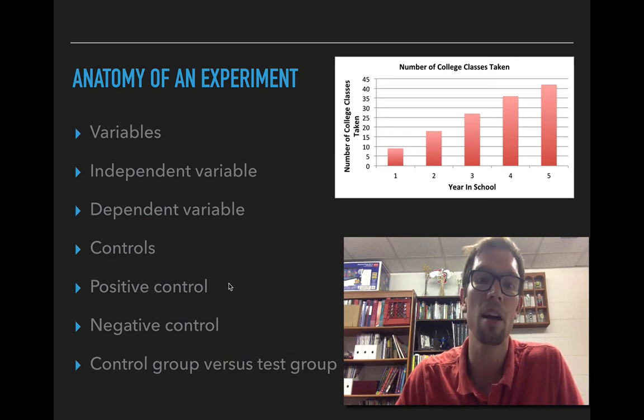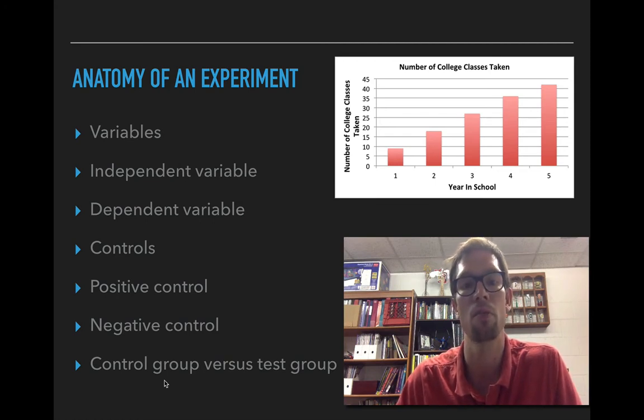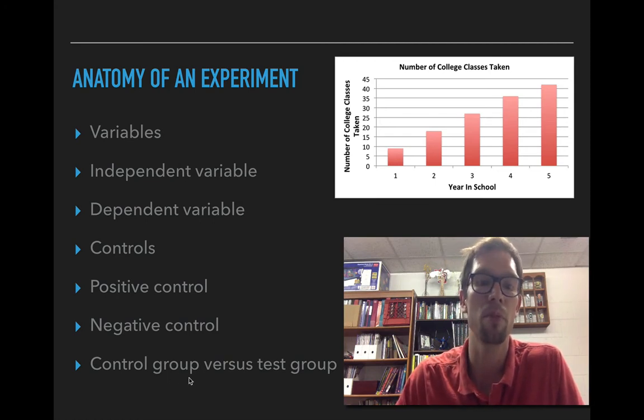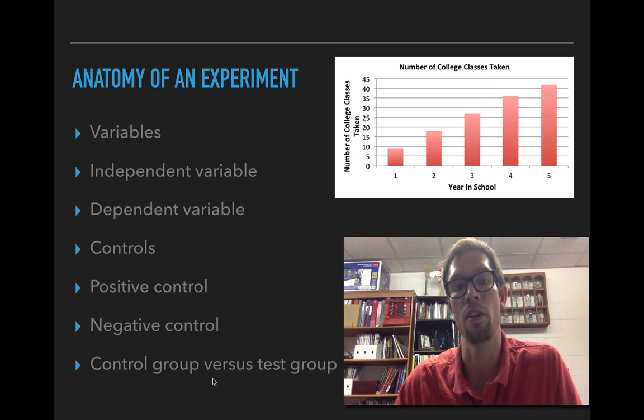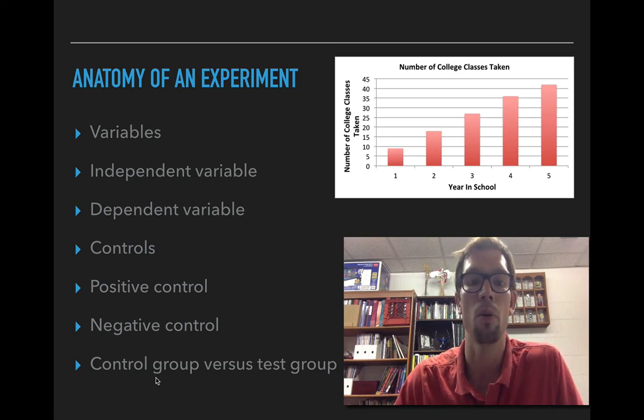And then we talk about these as being individual controls. Sometimes you have a control group and a test group. So you can look at these being split up into your control and your variable, or you can divide them up into groups. So you can have your control group where you're keeping everything the same.